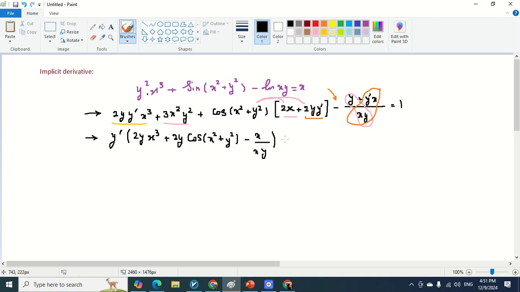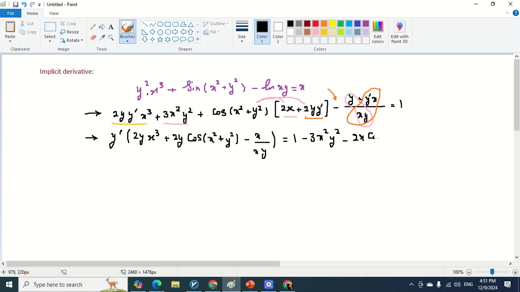Right now I shift the remaining terms to the right side. So to the right side I have 1, then I should shift that other part to the right side, and of course the sign will be changed. So we have minus 3x squared y squared, and moreover we have minus 2x cosine of u as well.